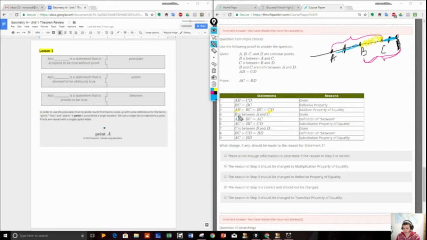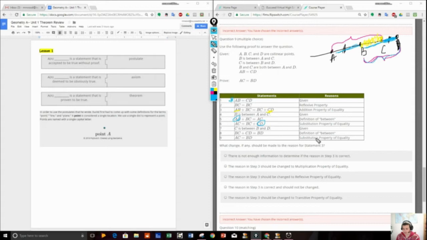They substituted AB and CD because they were equivalent, given right there. So C is between B and D, that's the given. So then BC right here plus CD is equal to this total length, BD. That's the definition of between. And then we see AC equals BD. And then it would be substitution property of equality.